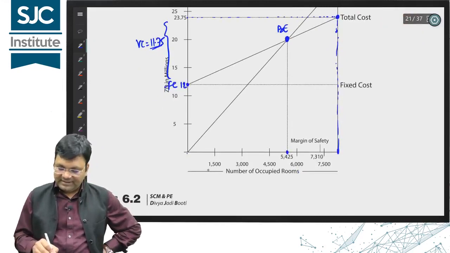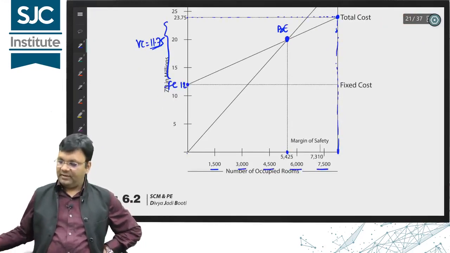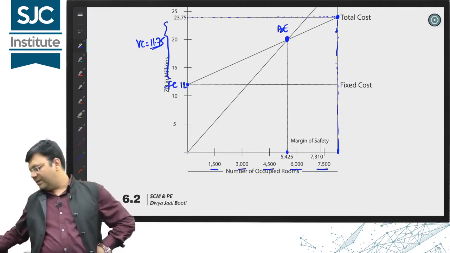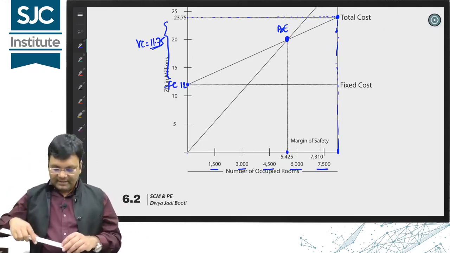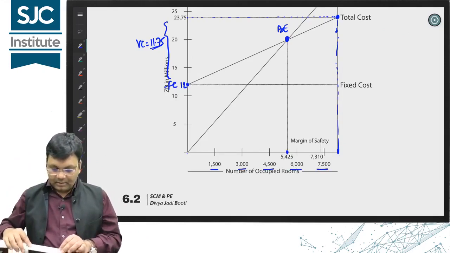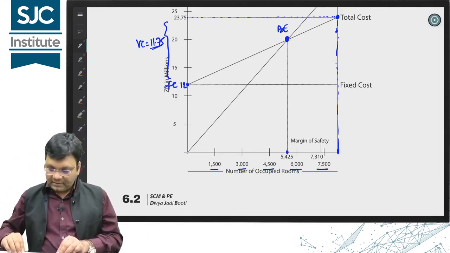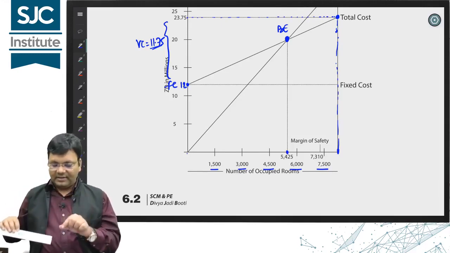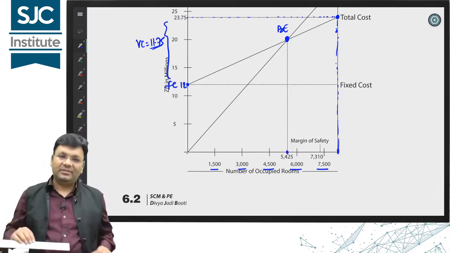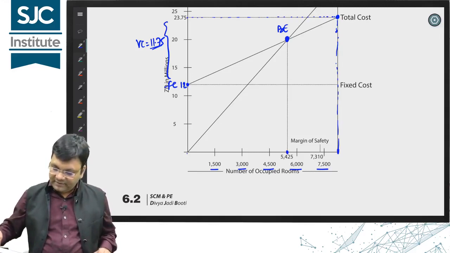If you see the scaling here, 1500, 3000, 4500, 6000, 7500, and if you take a scale and measure the gap, you will see that the gap is 2 centimeters. In 2 centimeters 1500 is there, then another 2 centimeters is 3000, and from 7500 to this line is 1 centimeter.